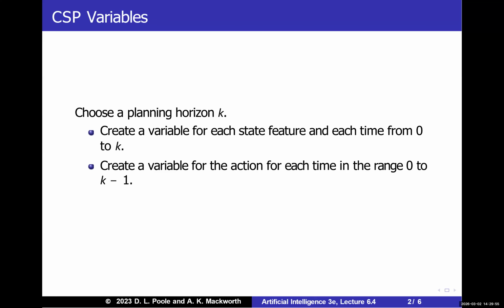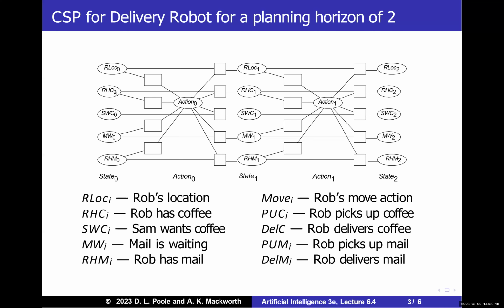So instead of thinking about a single state, we are modeling an entire sequence of states and actions simultaneously. Once we define these variables, we can add constraints that enforce preconditions, effects, frame assumptions, the initial state, and the goal state. If the CSP has a solution, that solution corresponds to a valid plan.